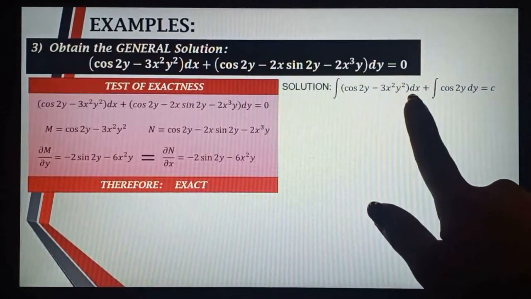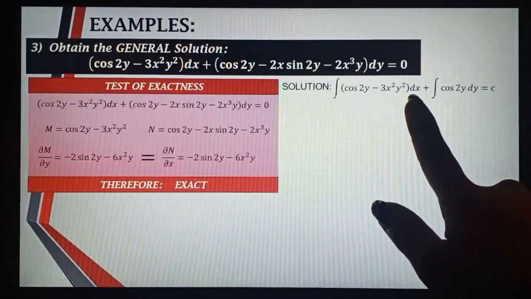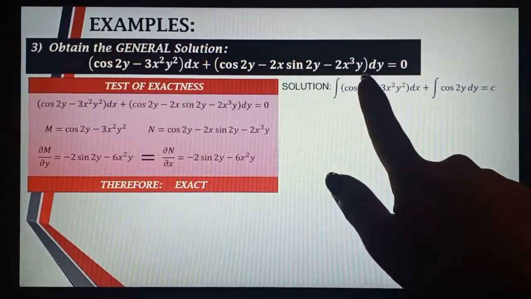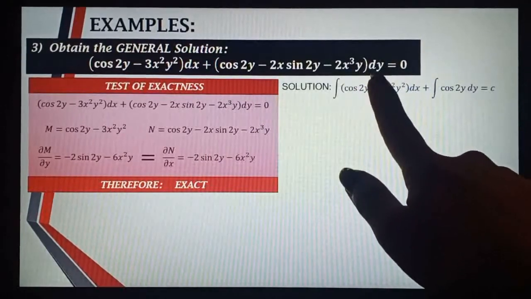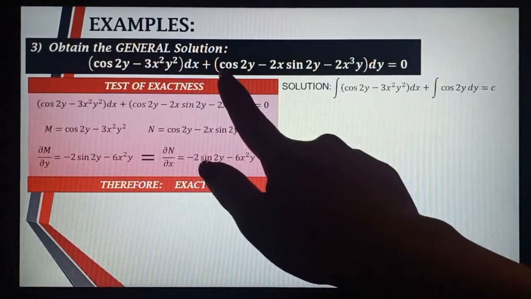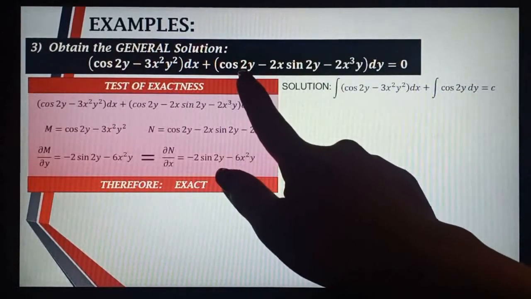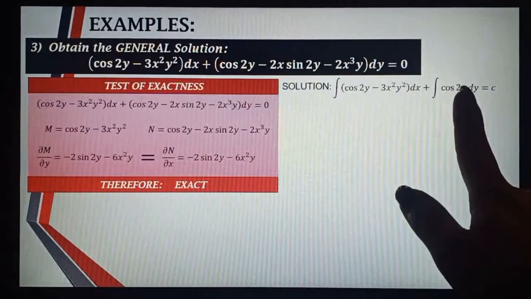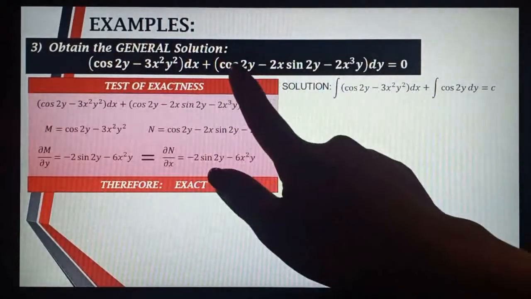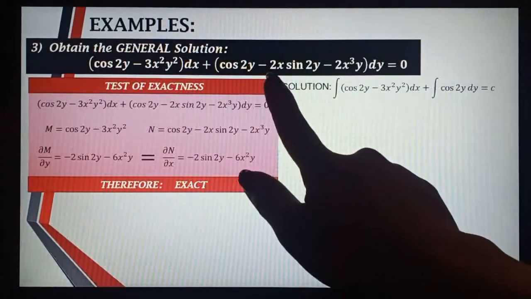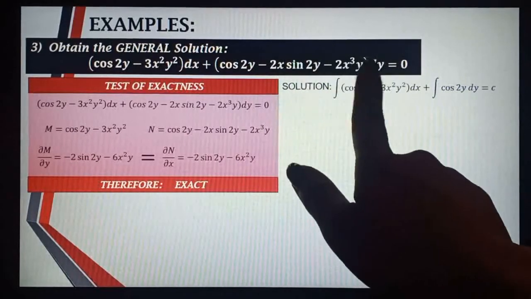Tapos ang kukunin natin kay second term is yung walang presence ni x kasi nga naka dy. So the first term, which is the cosine 2y, since wala siyang presence ni x, you can copy the cosine 2y dy. Then for the second term, you have negative 2x sine of 2y dy.